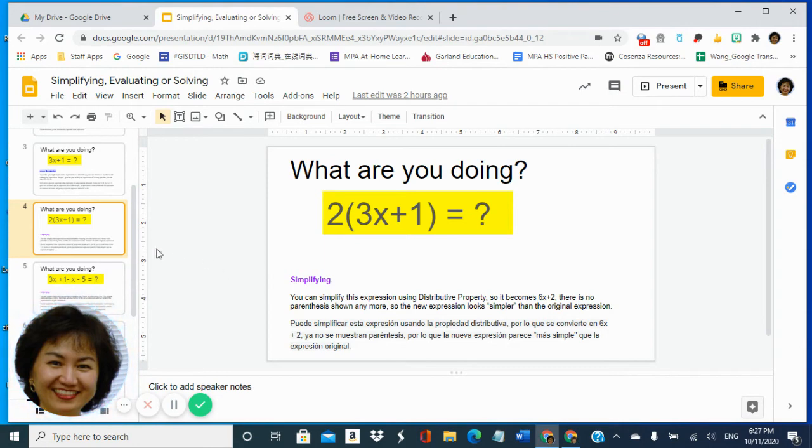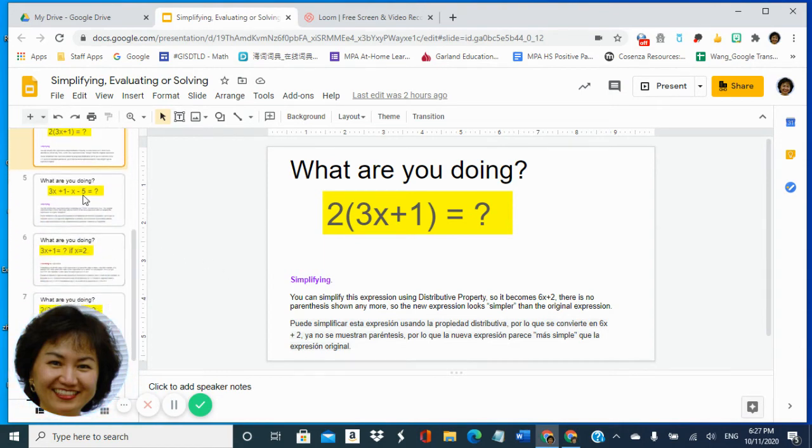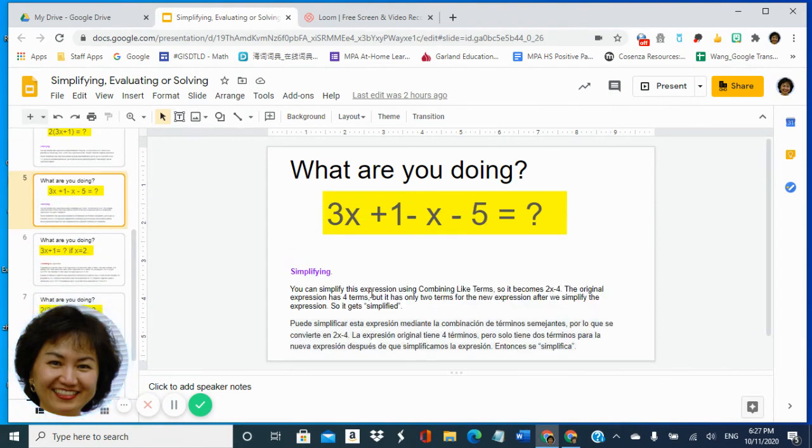You're not solving anything. And this example, 3x plus 1 minus x minus 5 equals to what? Again, here you are going to simplify this expression by combine like terms. Put 3x minus x together, that becomes 2x.